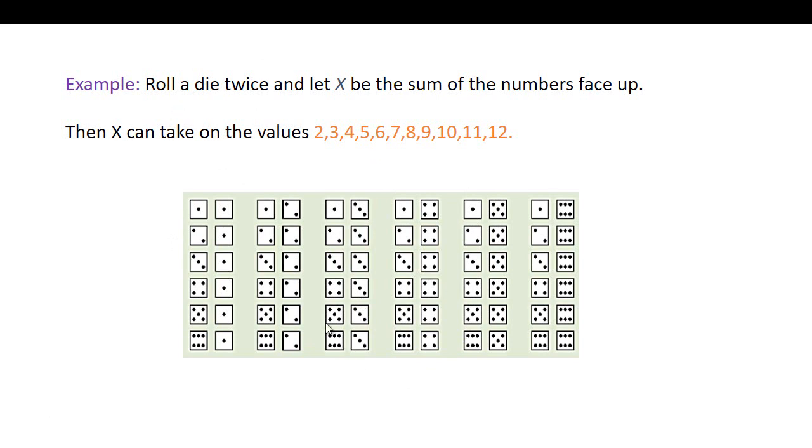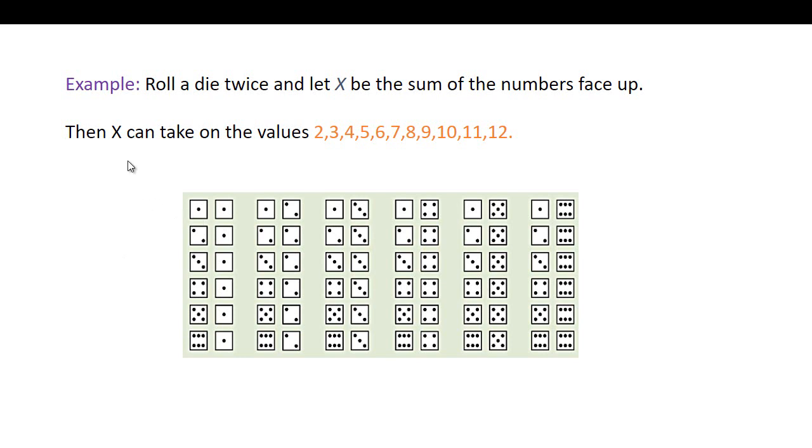There is a total of 36 possible outcomes from rolling a die twice, and we are looking at x to be the sum that we obtain from the two rolls.